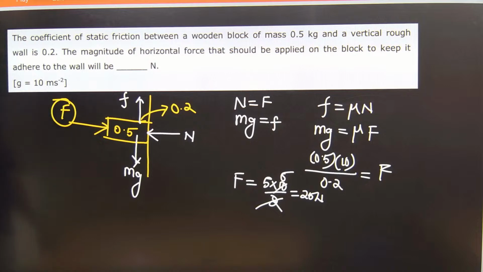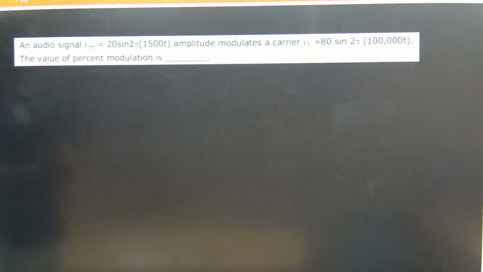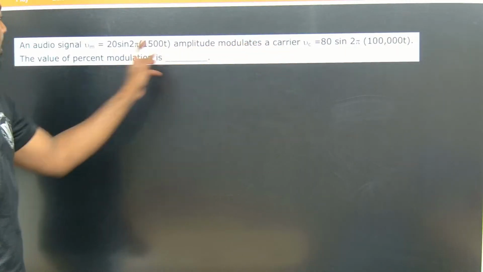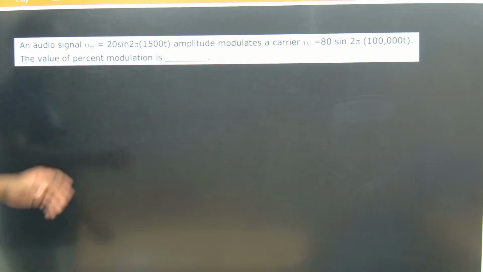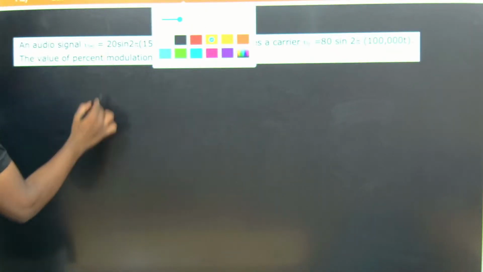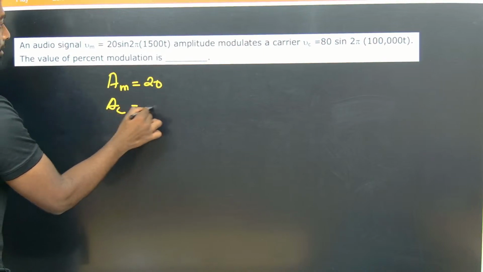Okay, we'll go for the next question. An audio signal amplitude modulates a carrier, and Vm and Vc are given. The value of percentage modulation is asked. The modulation formula is Am by Ac. What is Am here? Am is 20, Ac is 80.